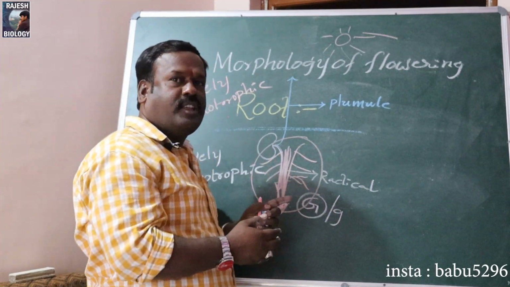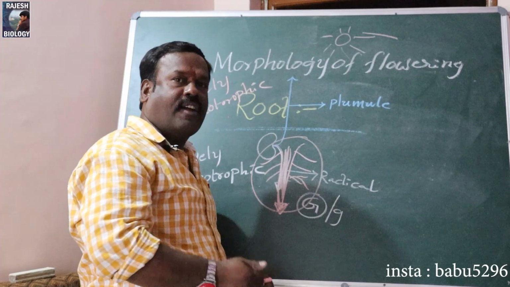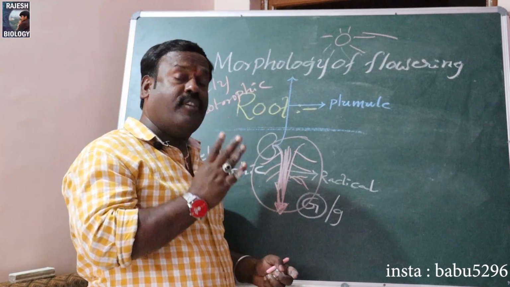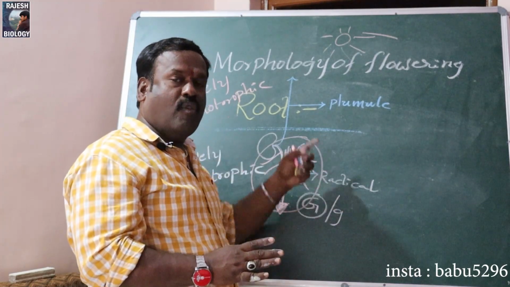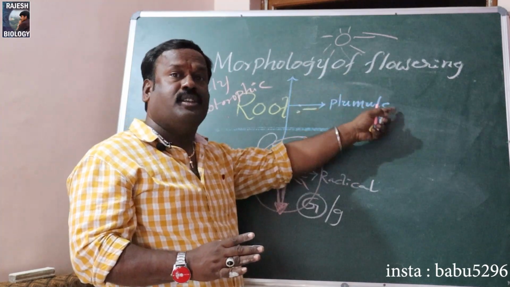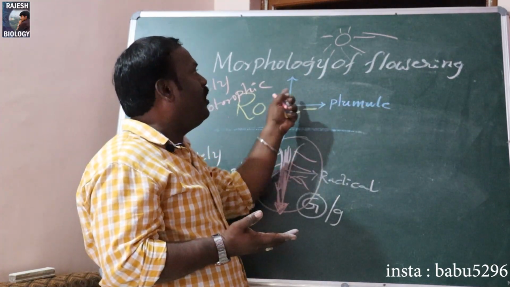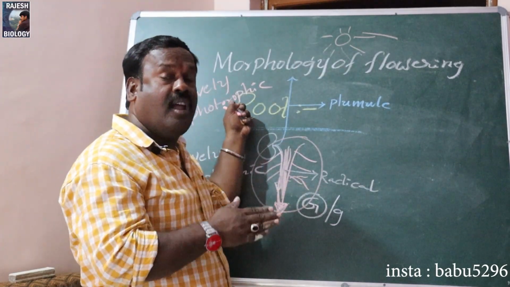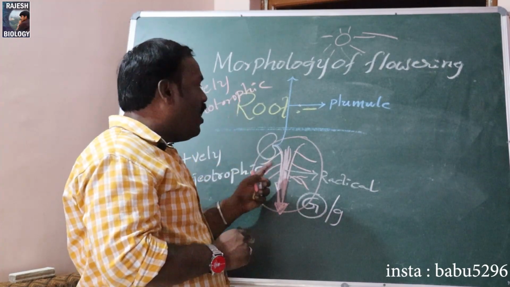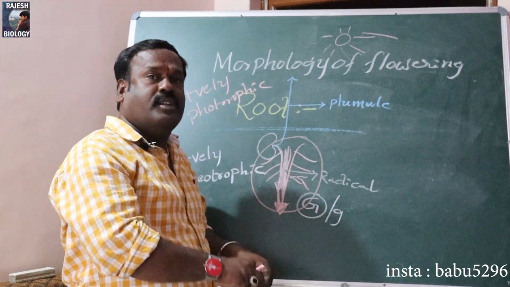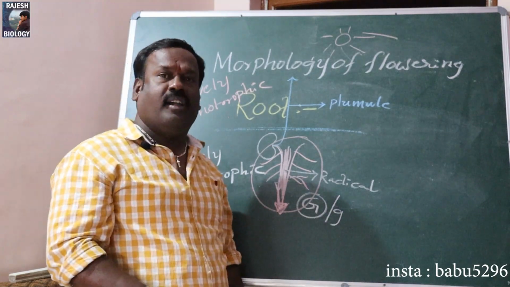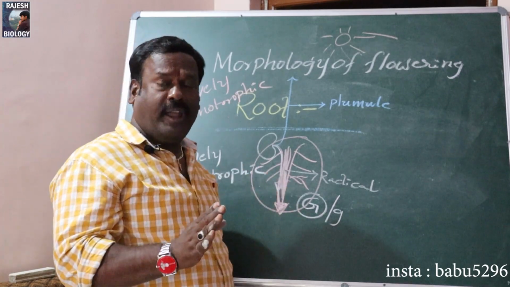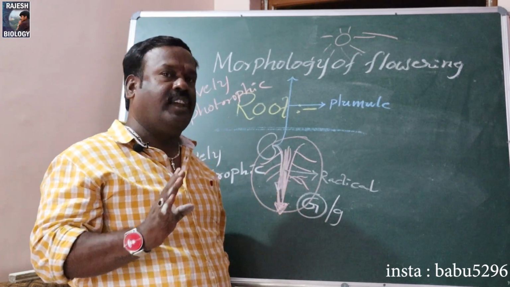This is the root, and it is positively geotropic and negatively phototropic, both are the same. What is the main characteristic of the root? It grows towards the gravitational force. What about the plumule? The plumule changes into the shoot system or stem, and it grows towards the sunlight, which is called positively phototropic or negatively geotropic. But roots grow towards the gravitational force, positively geotropic, negatively phototropic also we can say.